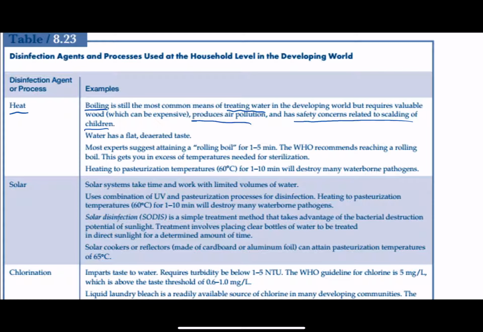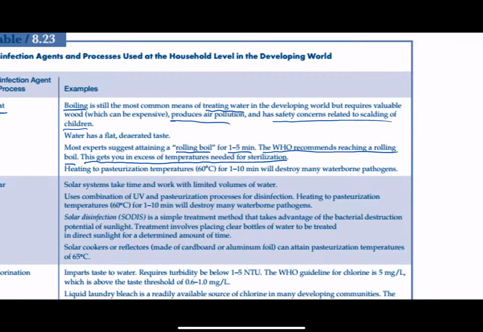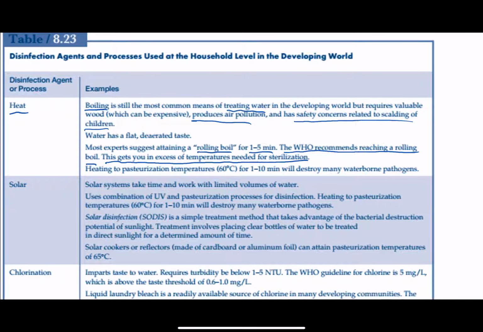Most experts suggest attaining a rolling boil for 1 to 5 minutes. The WHO recommends reaching a rolling boil. This gets you an excess of temperature needed for sterilization. Heating to a pasteurization temperature of 60 Celsius for 1 to 10 minutes will destroy many waterborne pathogens. So these are the guidelines for heating.